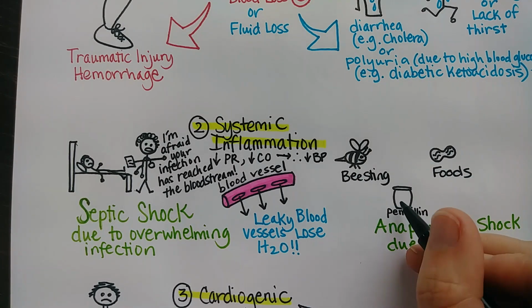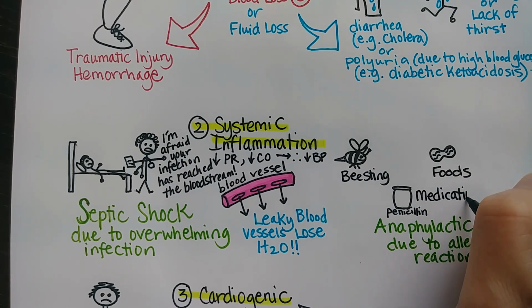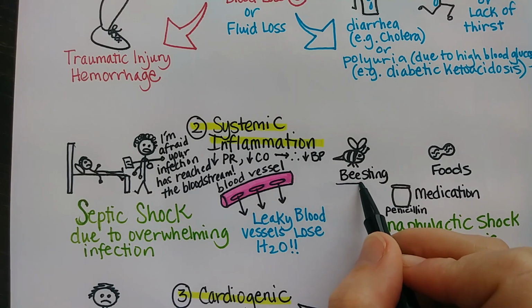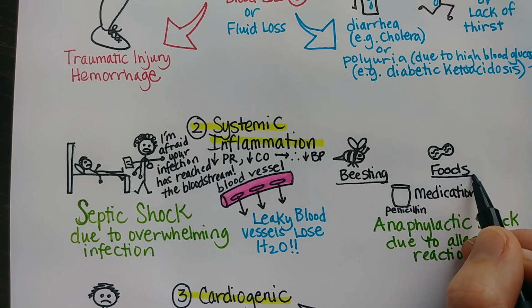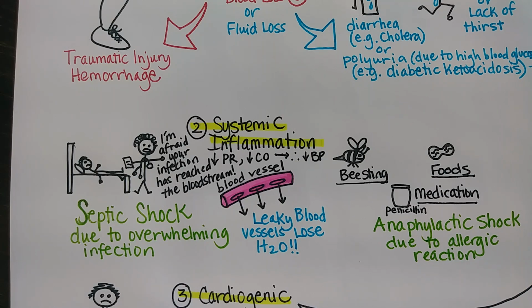And then I have penicillin, an example of a medication. So people can have allergic reactions to anything in their environment. Some of the most famous ones, though, would be insect bites, different foods, and different medications, especially antibiotics, seem to be pretty well known for that.